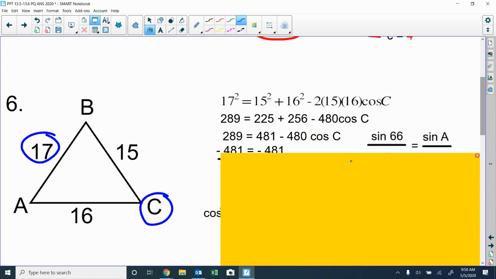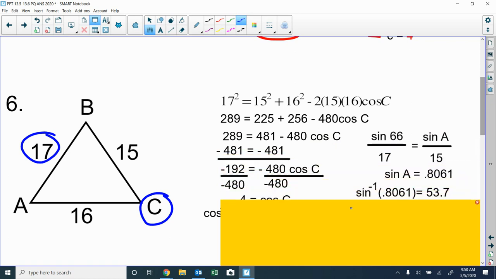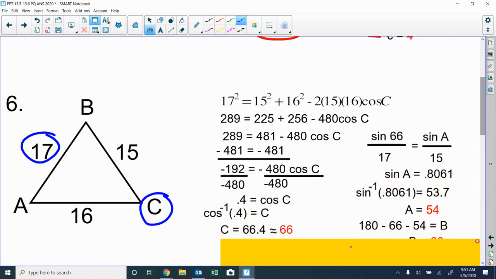We're rolling through that. And as we get down there, you should get angle C at approximately 60 degrees. From there, remember, only use the law of cosines once. From there, we're going to set up the ratios right here with the law of sines.